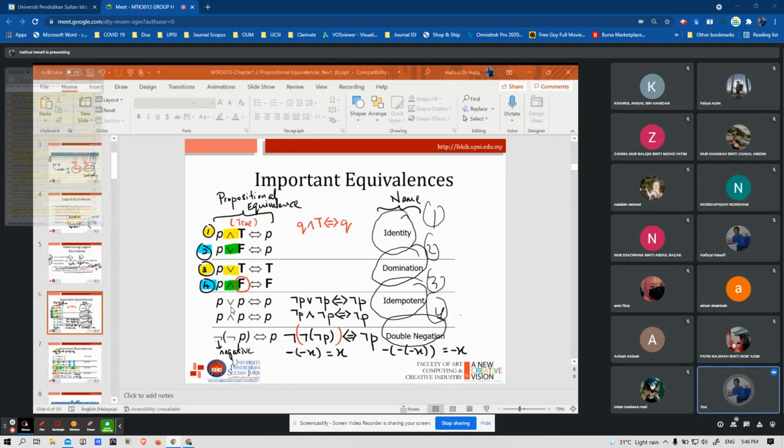Okay, for example, we have P and true. It is a propositional equivalence, and then Q and T are equal to Q. This one we name as identity.